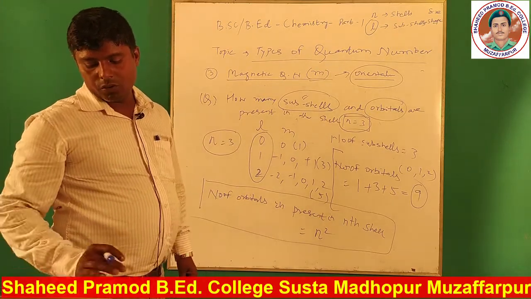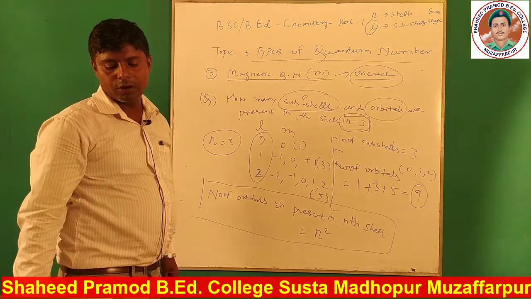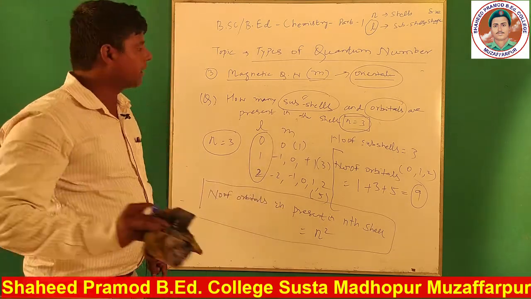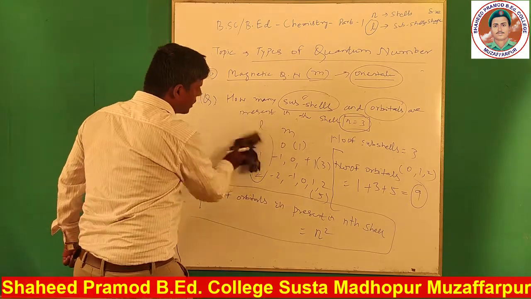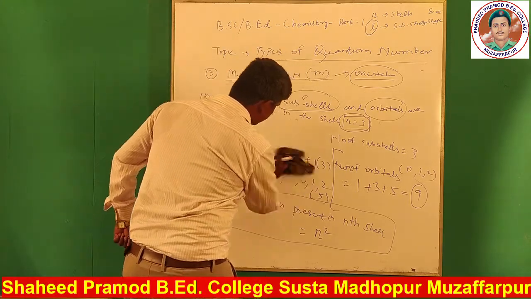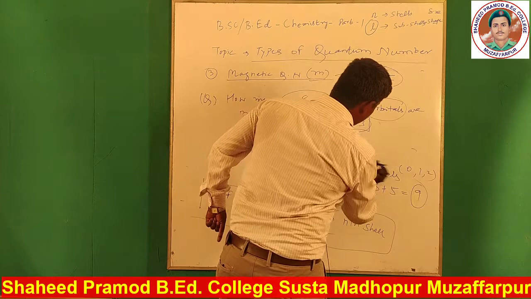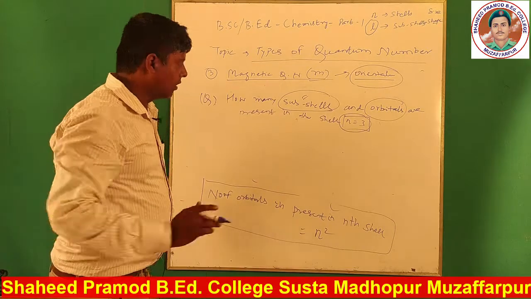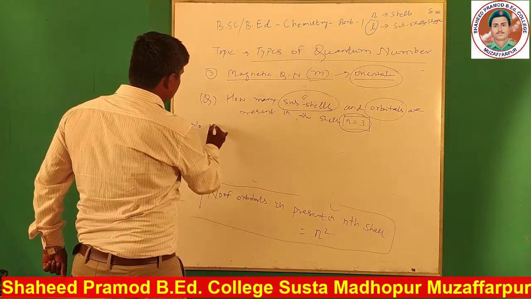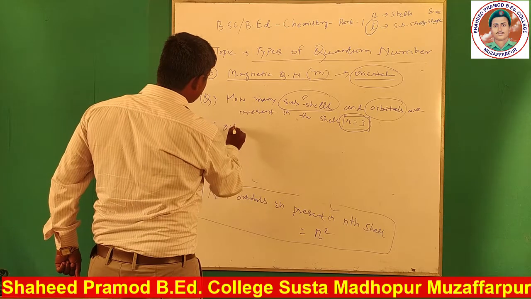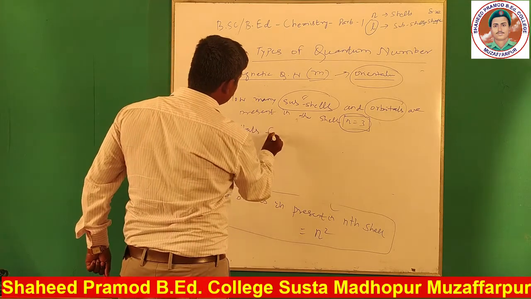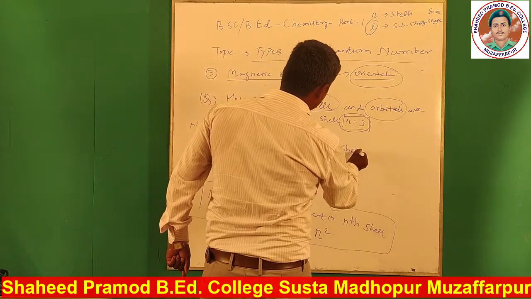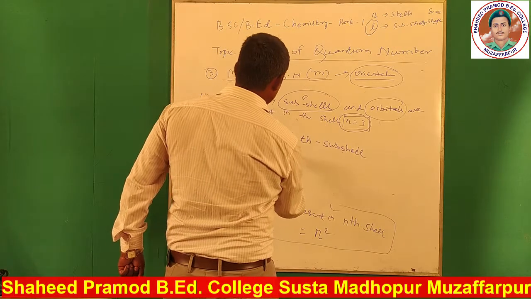Okay. So, you have calculated the number of orbitals for nth shell, and another formula you can write down for the number of orbitals for the subshell also. Number of orbitals for lth subshell will be how much? 2L plus 1.